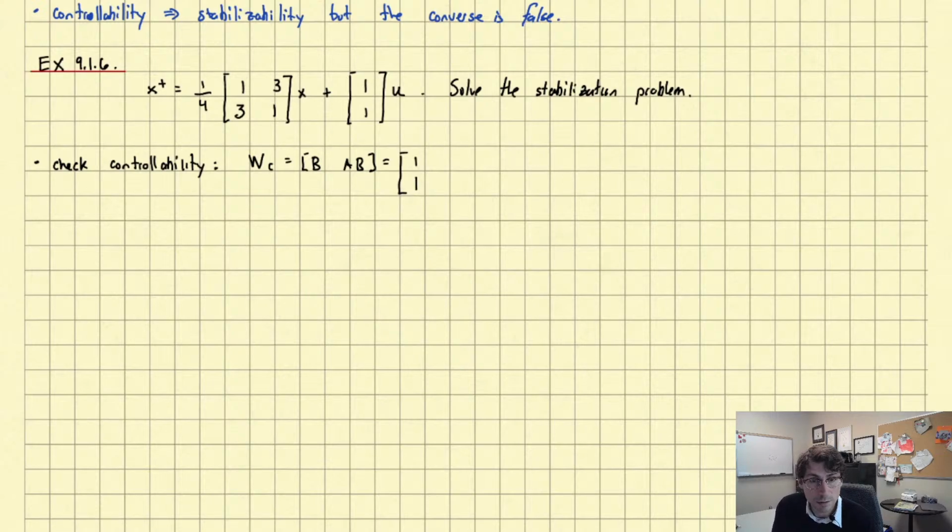And if you compute AB, what you will get is the vector [1, 1] again. The first row of A is 1 times 1 plus 3 times 1, so that's 4, whole thing divided by 4, so you get a 1. And similarly down here. It's clear that those two columns are dependent, and so you're going to get rank 1. So not controllable.